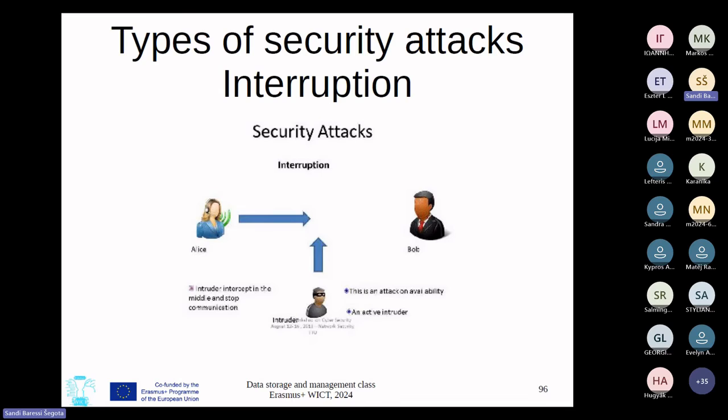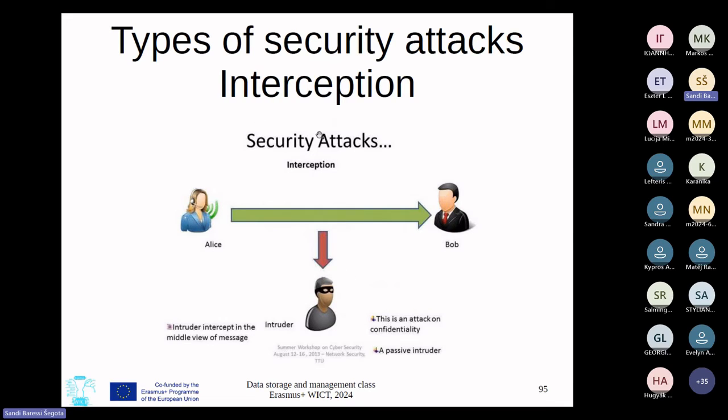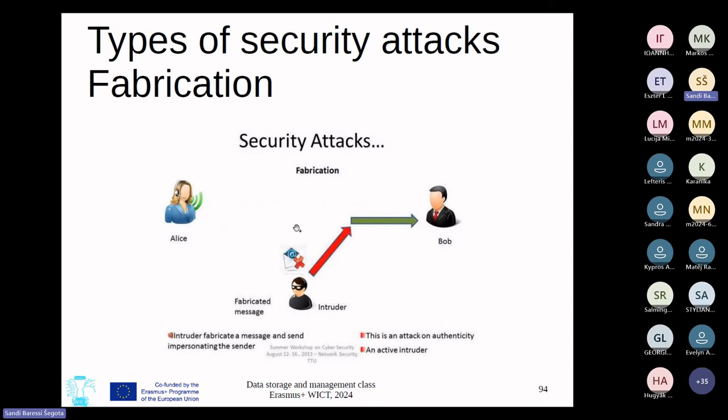Interruption, again, this is the denial of service, where it's an attack on availability. If information is sent here, I stop it in some way. Maybe I break the server so you can't get the email, or unplug the cable or something. And this can be crazy effective, especially when combined with this type of attack.